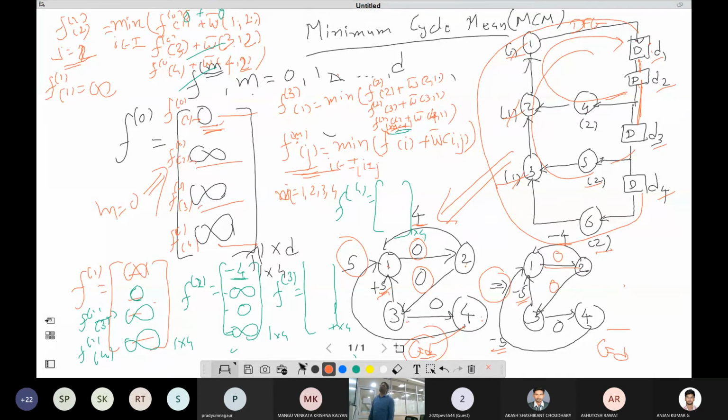So f of 2 2 is infinite, f of 2 4 is infinite, so these two will remain as they are. f of 2 3 is 0 plus w bar 3 1, which means 3 to 1, minus 5.